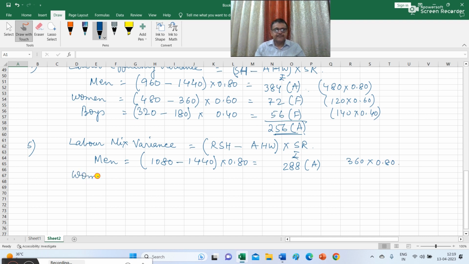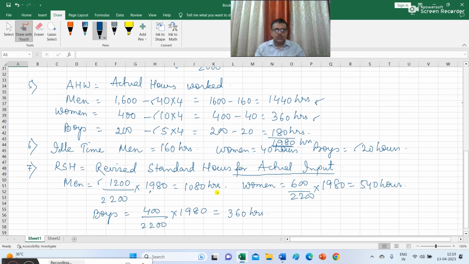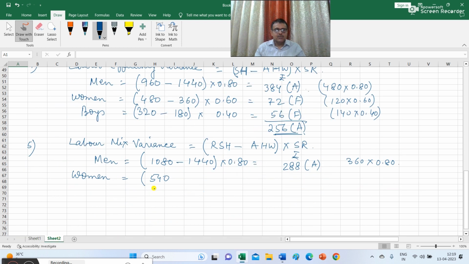Then woman, revised standard hour of woman is 540. You can see in the working 540 and for boys is 360. So 540 minus 360 is the actual hours worked. Multiply this with 0.60 and you will get 108 favorable. This is 180 multiplied with 0.60.